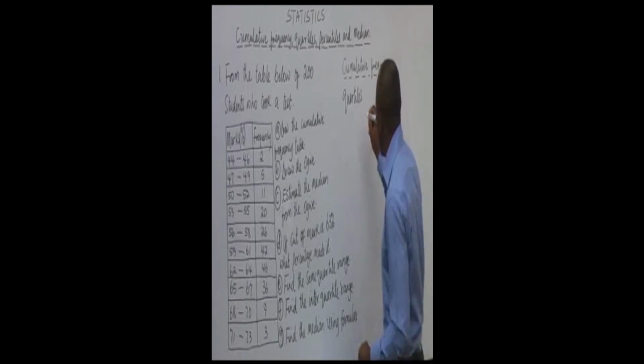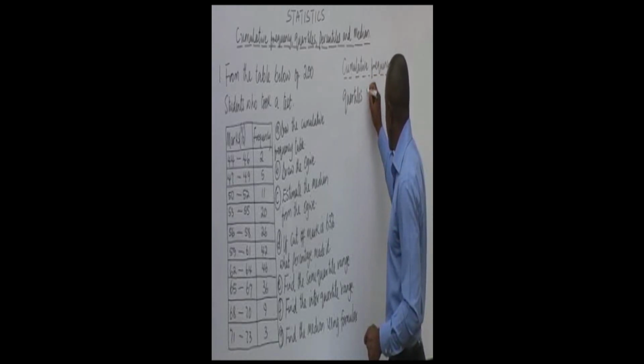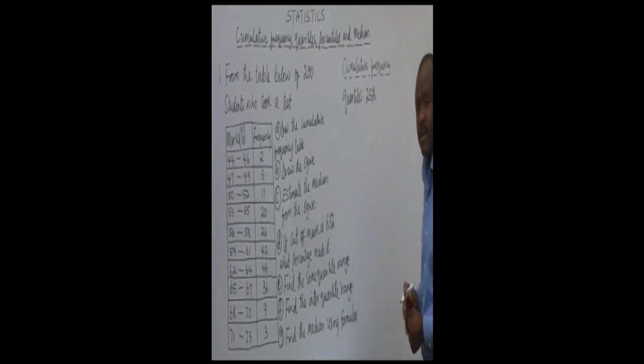The quartiles come this way: the first section is the 25th, the second is the 50th, the third is the 75th, and the last is the 100th.